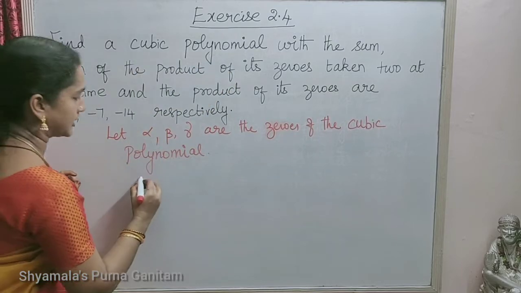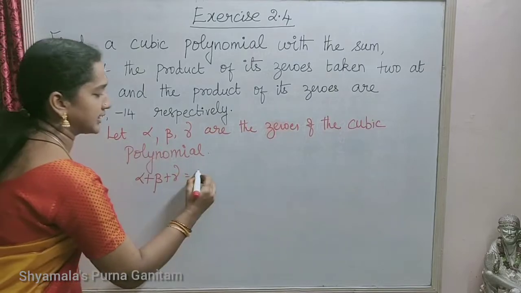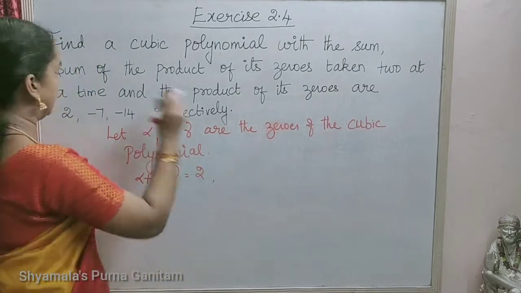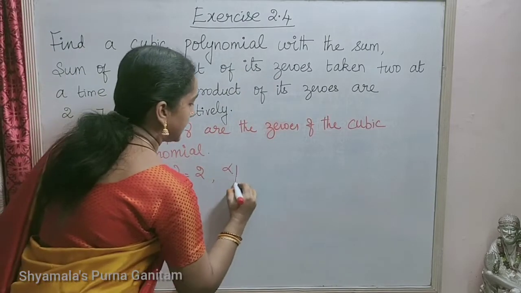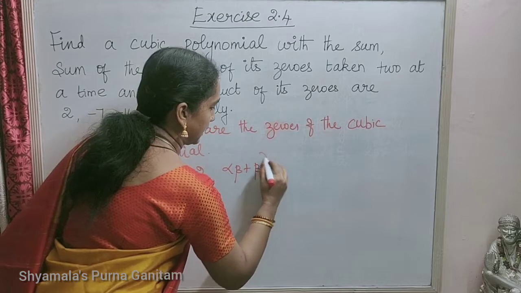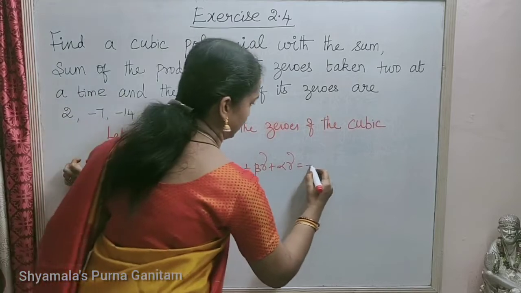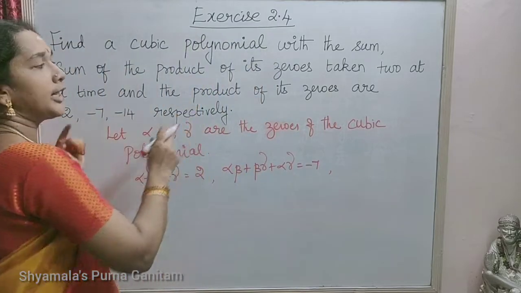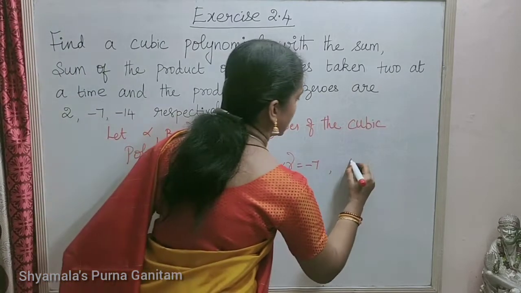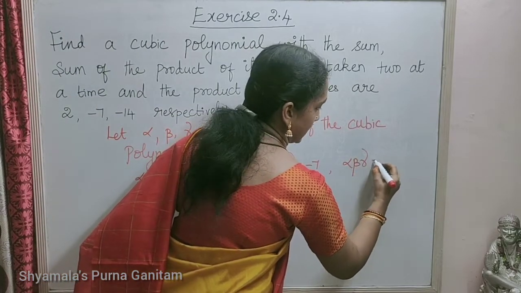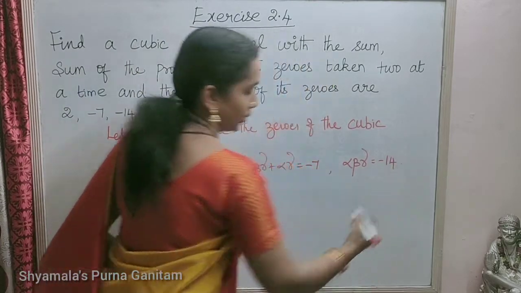The sum, alpha plus beta plus gamma, is given as 2. Then the sum of the product of the zeros taken 2 at a time, that means alpha beta plus beta gamma plus alpha gamma, is equal to minus 7. The product of the zeros, alpha beta gamma, is given as minus 14.